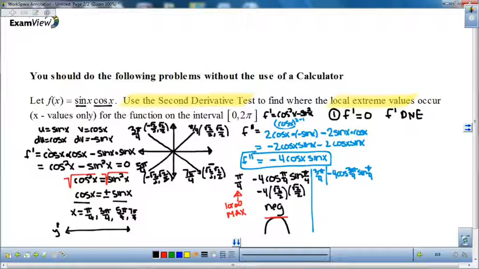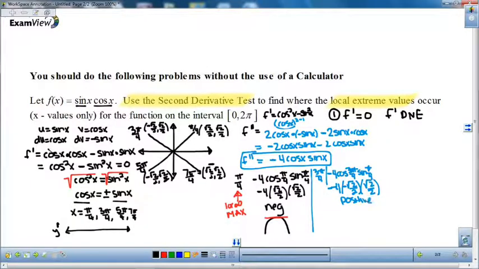Cosine of 3 pi over 4 is going to be, sorry, I said negative 1/2, but it's the negative square root of 2 over 2, and sine of 3 pi over 4 is going to be positive square root of 2 over 2. So I'm going to have negative times negative square root of 2 over 2 times the positive square root of 2 over 2. So this is going to give me a positive number.